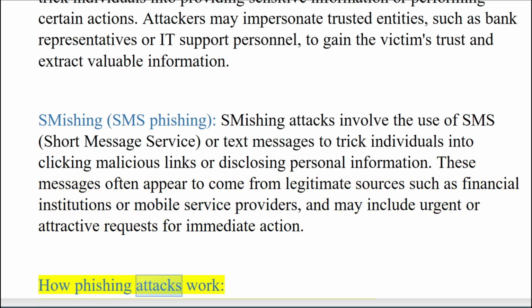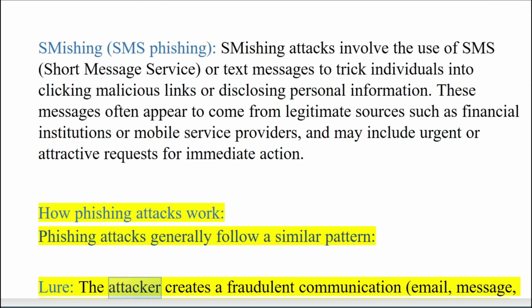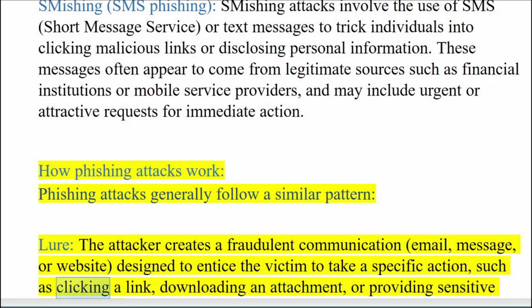How phishing attacks work. Phishing attacks generally follow a similar pattern. Lure. The attacker creates a fraudulent communication, email, message, or website, designed to entice the victim to take a specific action, such as clicking a link, downloading an attachment, or providing sensitive information.